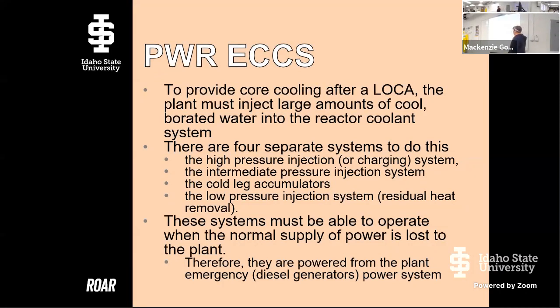All of these systems have to be able to operate when normal power supply at the plant is gone. So they're all going to be powered from whatever the emergency power system at your reactor power plant is. Typically, most commercial power plants have a backup diesel generator system with very large diesel engines. ATR and INL just switched to a battery-backed system, which is a little bit new, but there's a lot of EPA regulations when it comes to these huge backup diesels.